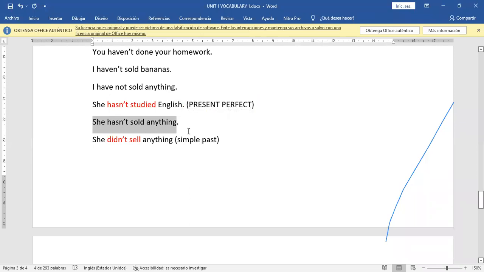How do you say "he entendido" in English? "He entendido." How do you say? O "no he entendido". O "entendí".